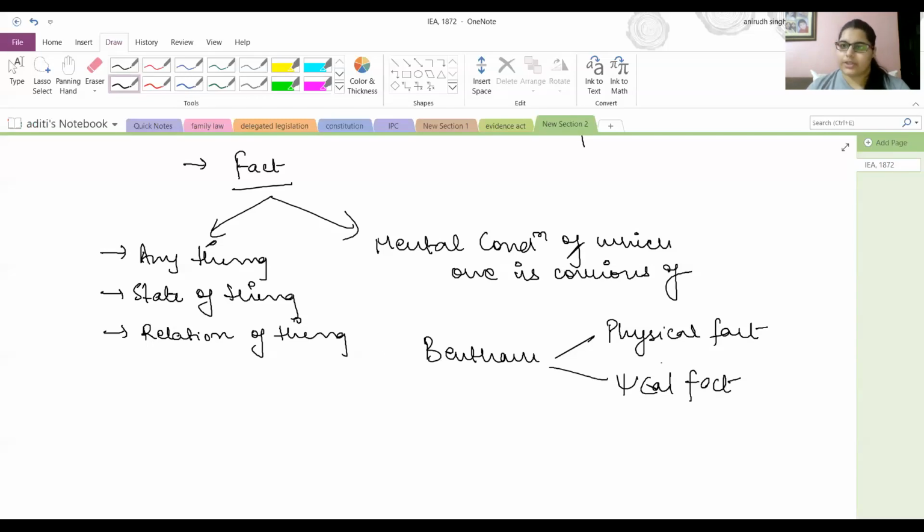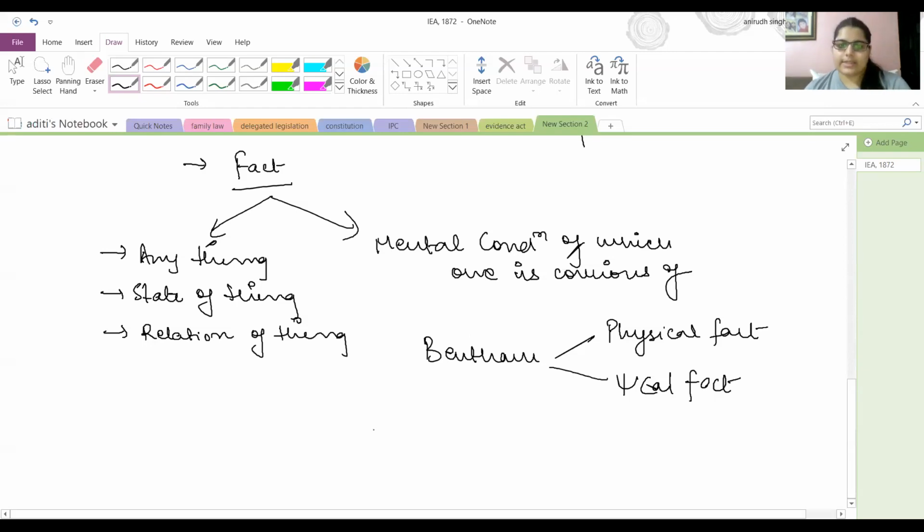That is your reputation. That reputation obviously cannot be seen, it cannot be touched, but it can only be sensed or analyzed, after looking at the people, that okay, this particular person has created this image for me in his mind. So it is a mental condition of which a person is conscious. This is the basic difference between the physical fact and the psychological fact.